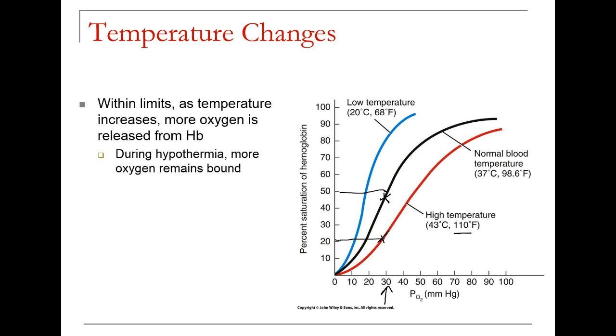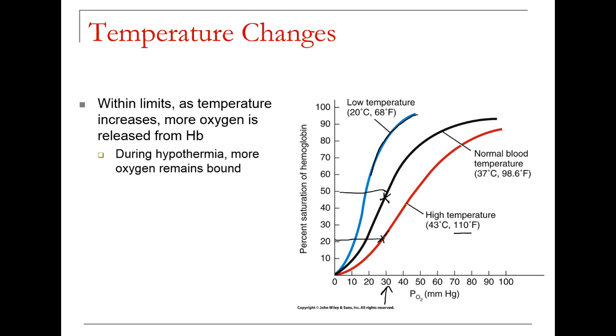We see the exact opposite occurring with hypothermia. So in hypothermia, you see this really strong tendency in the blue line for hemoglobin to bind oxygen, and it's not going to release it that well. So that's one of the dangers associated with being hypothermic, that the blood will hold oxygen very well.